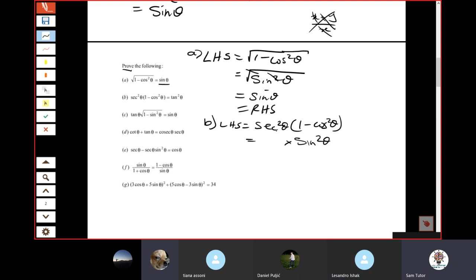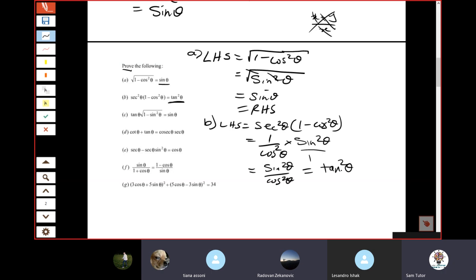What would sec squared be written as? 1 on cos squared theta. 1 on cos because it's sec, but you've got to write squared this time because it's sec squared. And then when you multiply, you're just going to go straight across. Simple fractions.